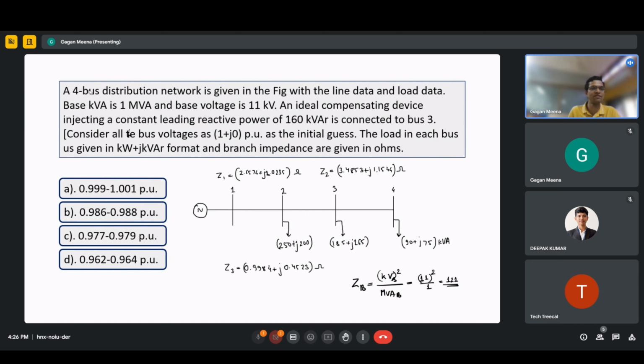Which method do we use, based on the data and initial condition given? It is method 1. If we had only 1 per unit, we would use method 2, because we would only have magnitude information, not angle information. But here we know both.